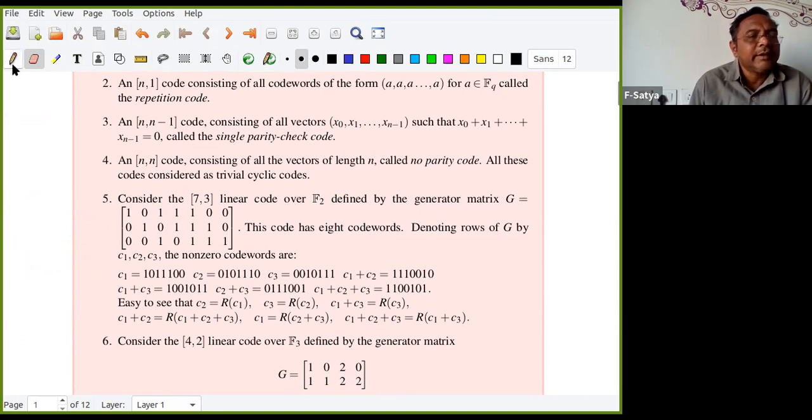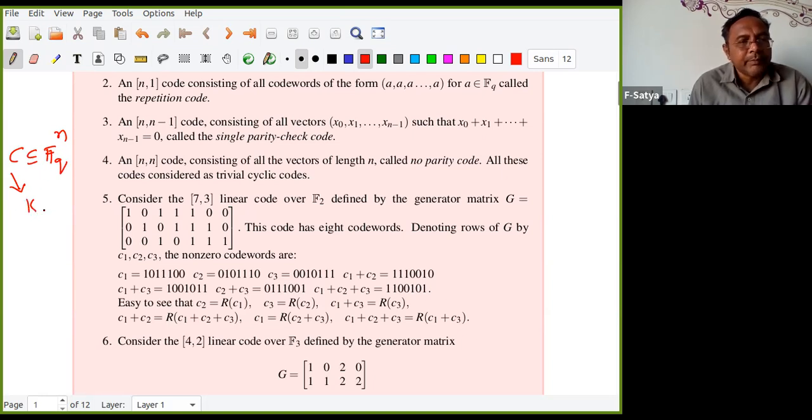What is C? C is a subspace of F_q power n. If the dimension is k, then it is a k-dimensional subspace. Now k is also n, so C is an n-dimensional subspace. Then they are equal.